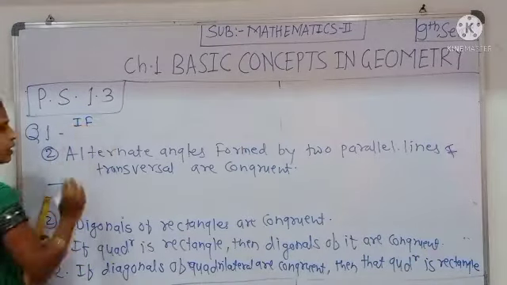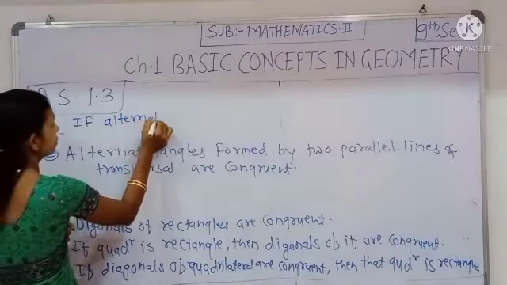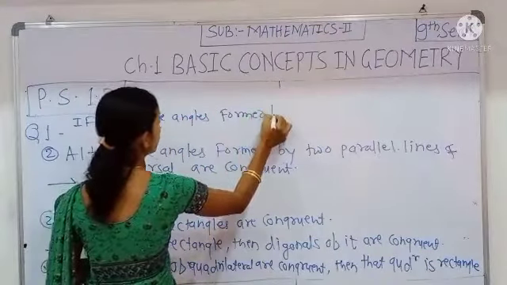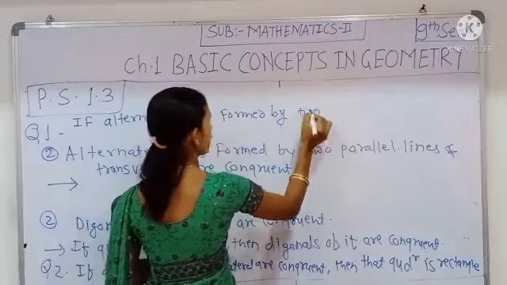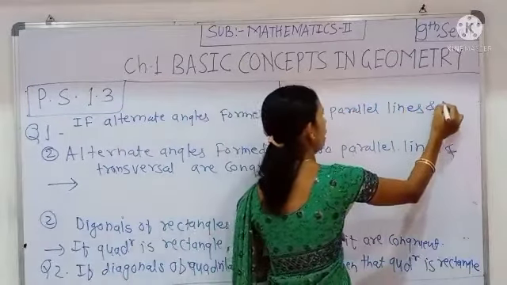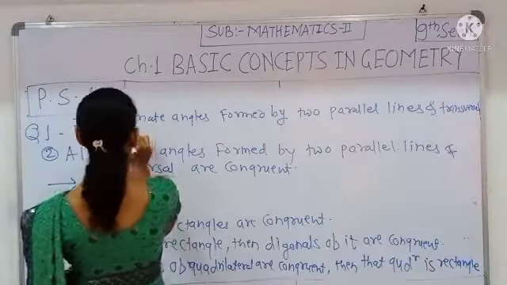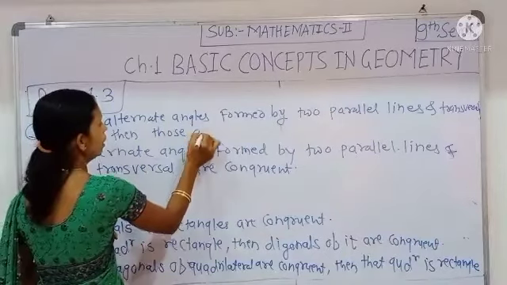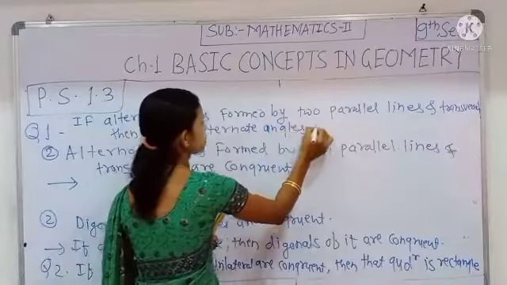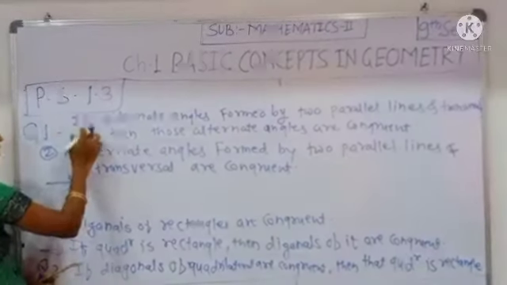See here: if alternate angles are formed by two parallel lines and a transversal, then those alternate angles are congruent. Now we can write the converse of this statement.